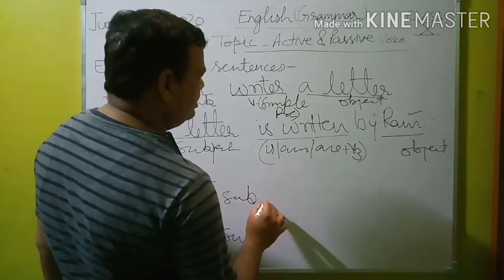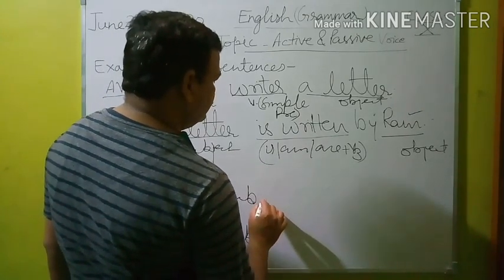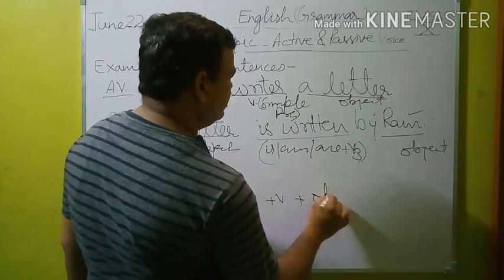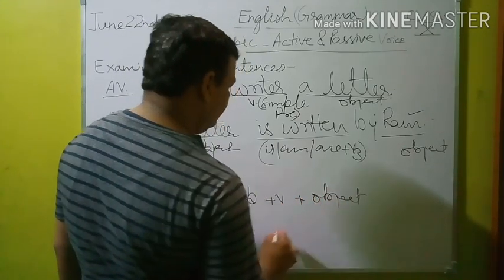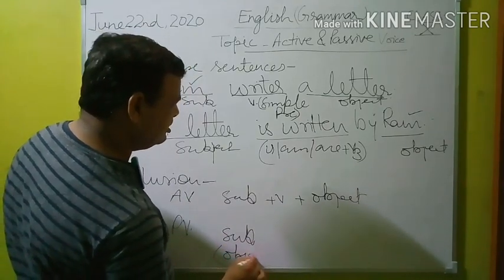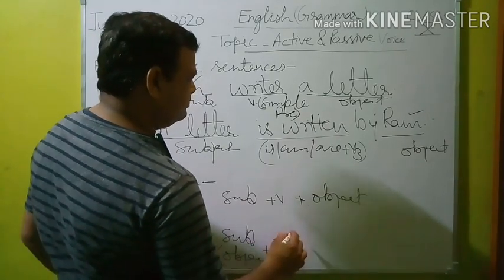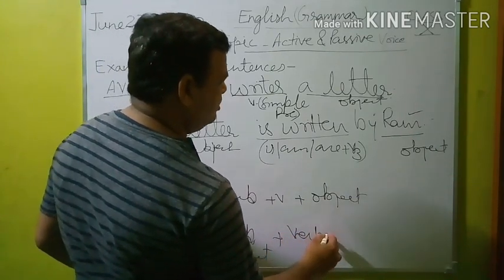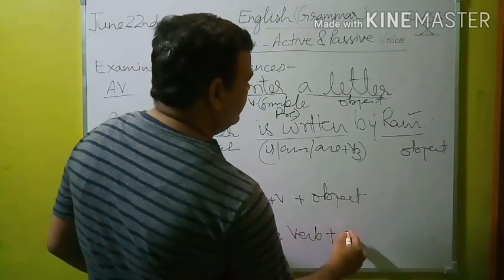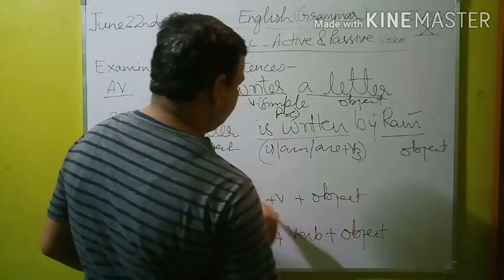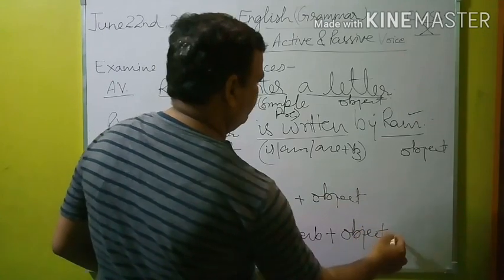So, this is the normal structure, that is subject plus verb plus object. Here, subject, that is object of the active voice, and then verb with certain modification. We use the verb here, and then object in the passive voice, that was the subject of the active voice.